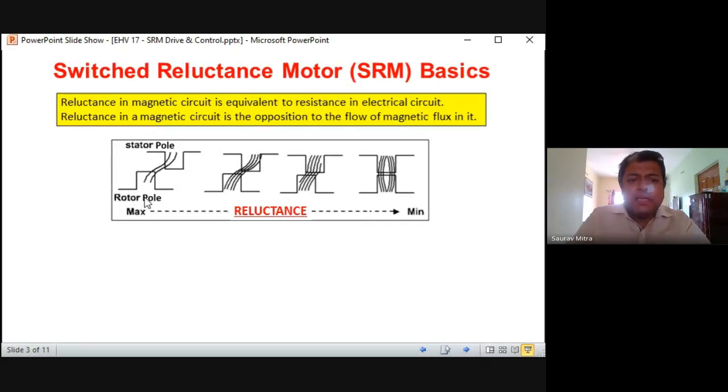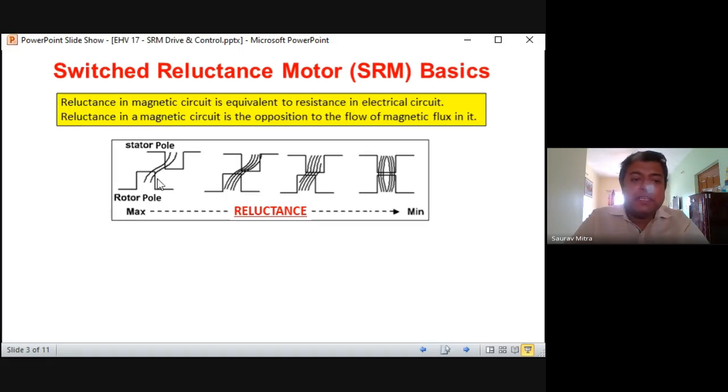In the main diagram you can find four sets shown. The left side is the highest reluctance path. Why? Because the rotor pole and stator pole are misaligned. That means the flux lines pass through the stator pole, and the air gap between rotor pole and stator pole is quite big.